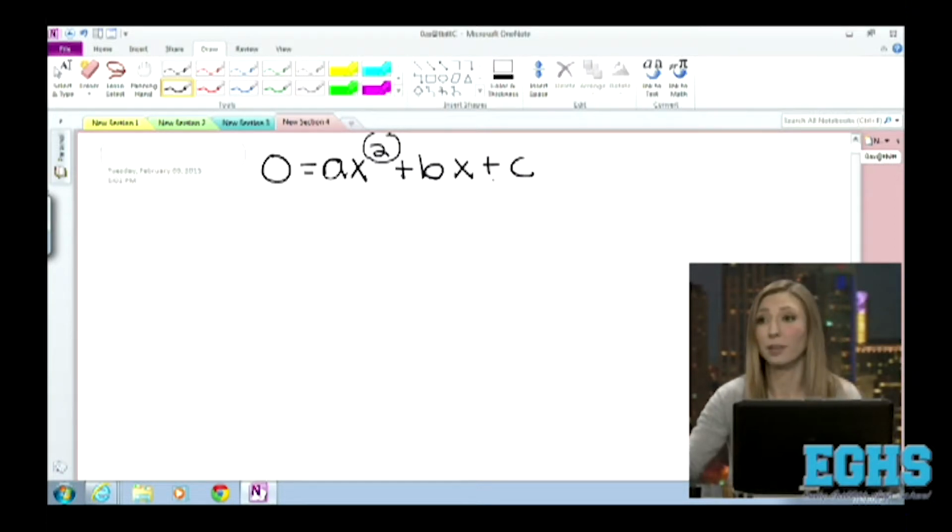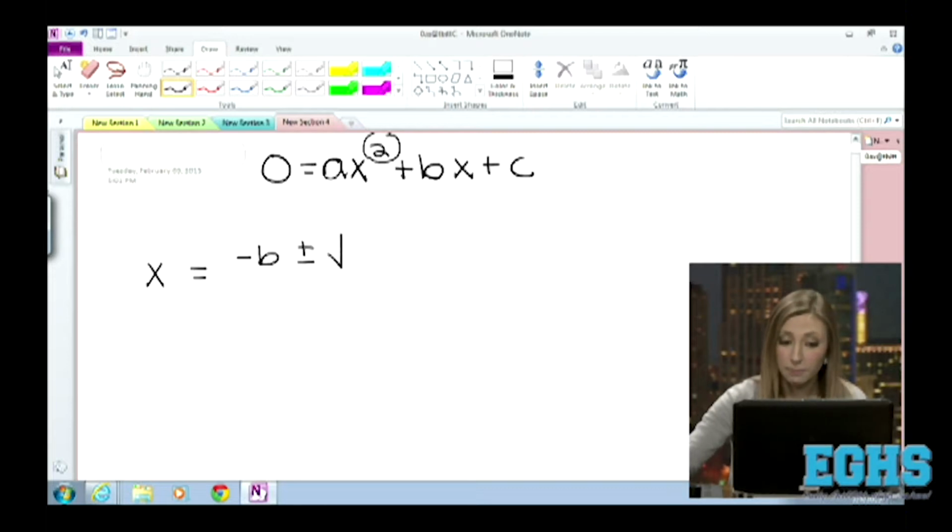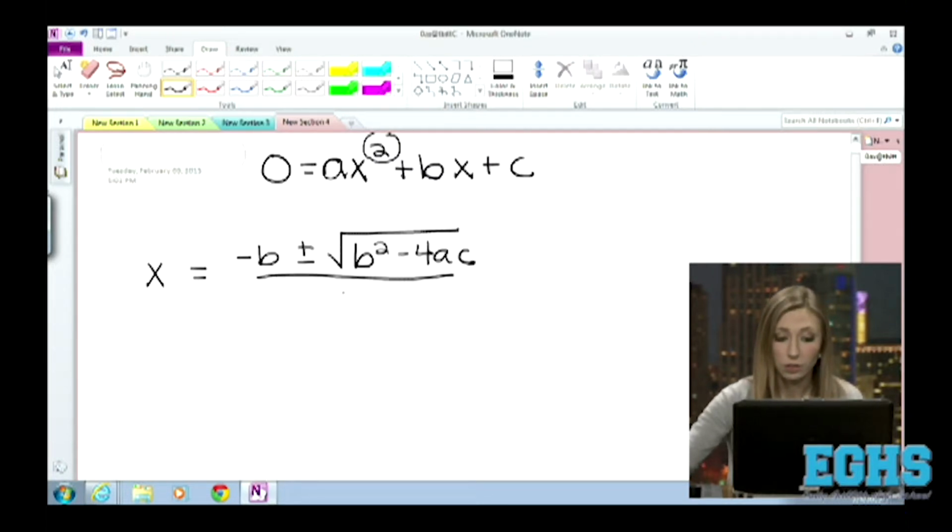I am not going to bore you with deriving the quadratic formula. It's quite complicated algebra. But basically, when you get x by itself in this equation, ax squared plus bx plus c equals 0, it's this: negative b plus or minus the square root of b squared minus 4ac, all over 2a.